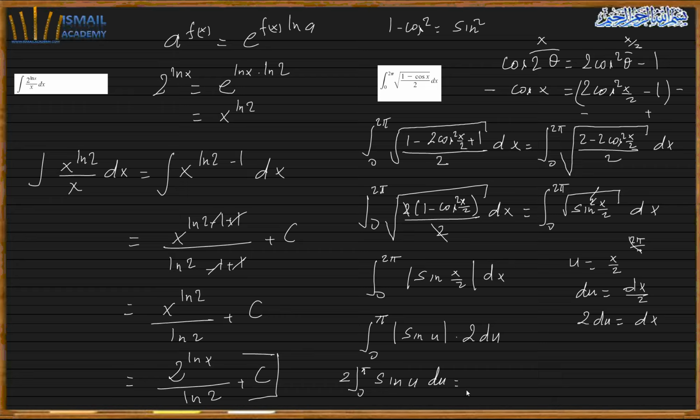What is the antiderivative of sine? It is negative cosine. If you forgot this idea, pull out the circle.